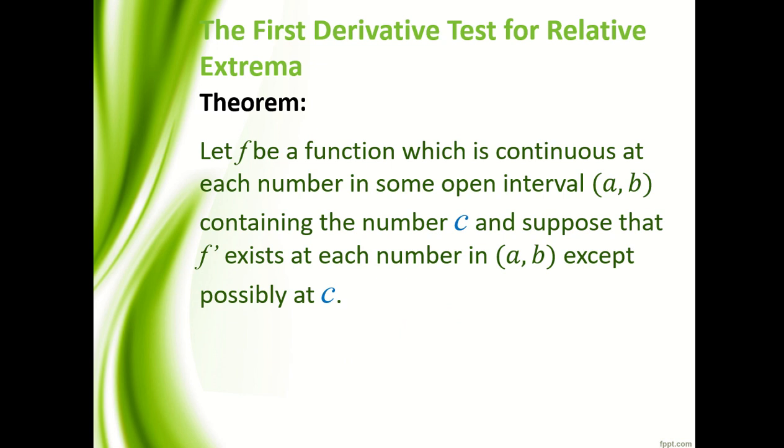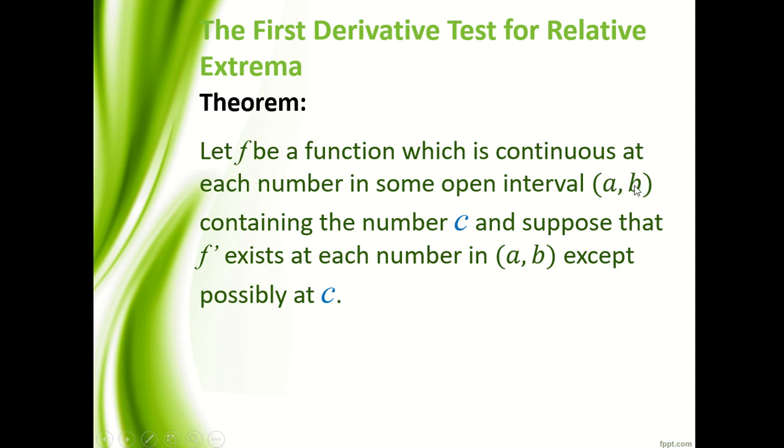All right, we have what we call the first derivative test for relative extrema. So we will use the first derivative to test for the relative extrema. We already know what is meant by relative extrema. So, theorem: let f be a function which is continuous at each number in some open interval (a, b). Again, an open interval means that a and b are not included.